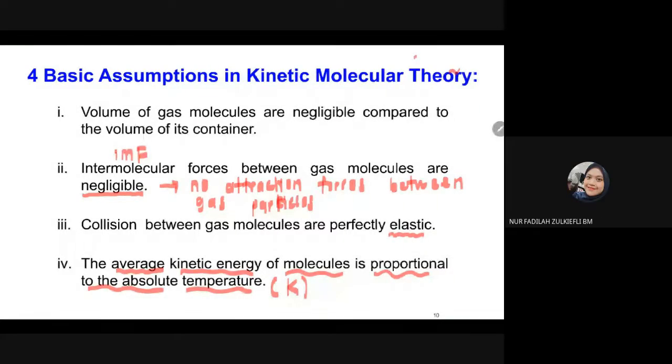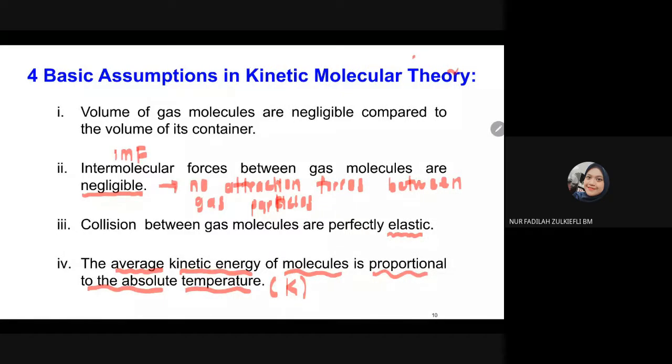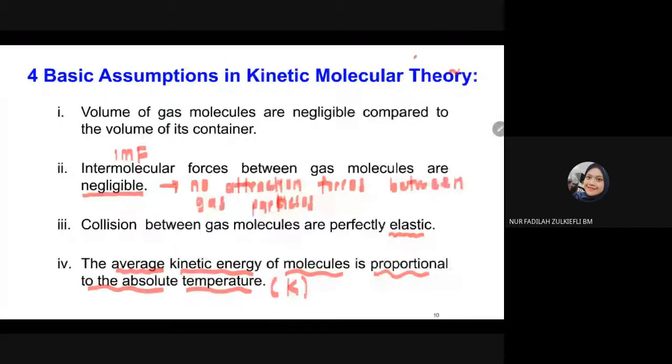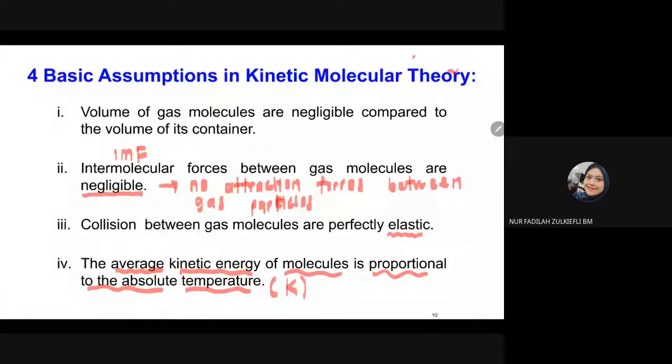Yes, absolute temperature. Okay, sebab SI unit untuk temperature is Kelvin, right? It's Kelvin. Yes. So bila kita belajar gas law, the unit of the temperature mostly kita akan belajar dalam unit Kelvin.